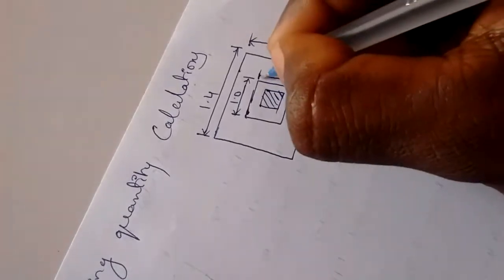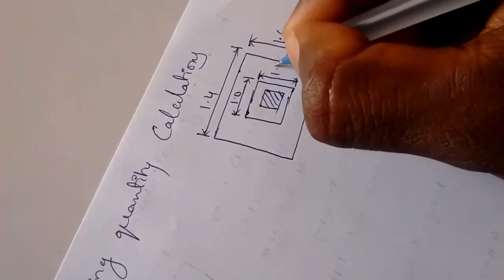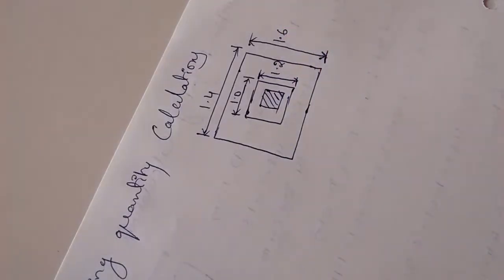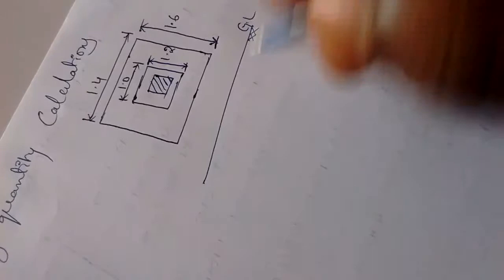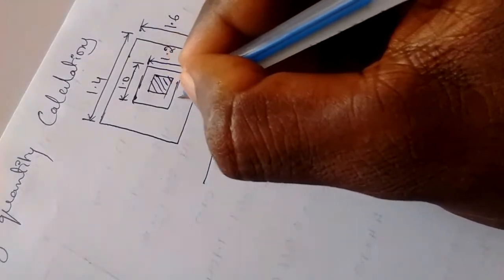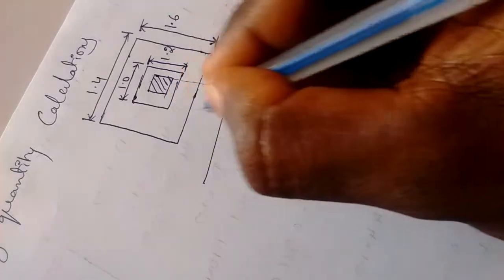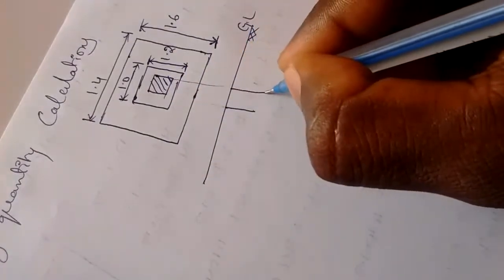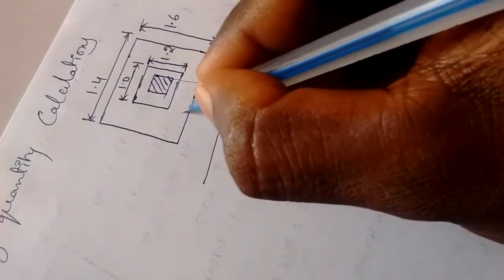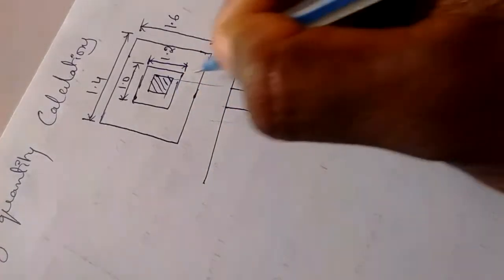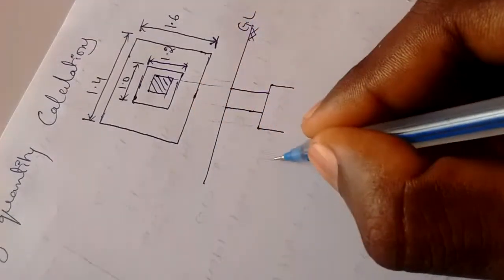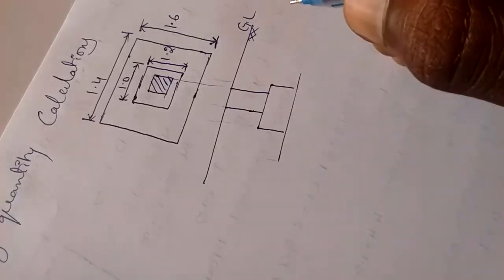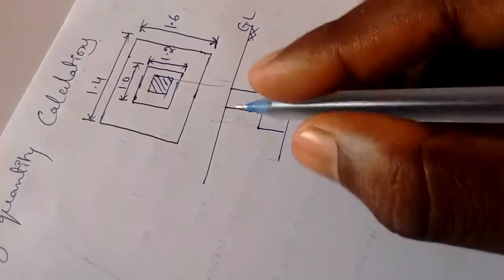The width of the top section of the footing is 1.2 meters. This is the column. Sorry, this is the isolated footing.